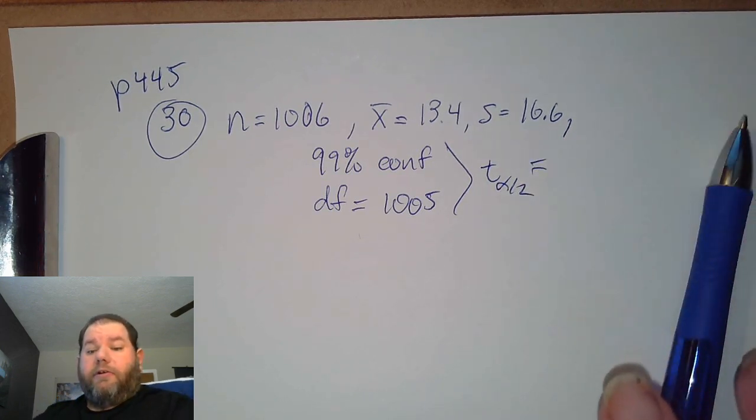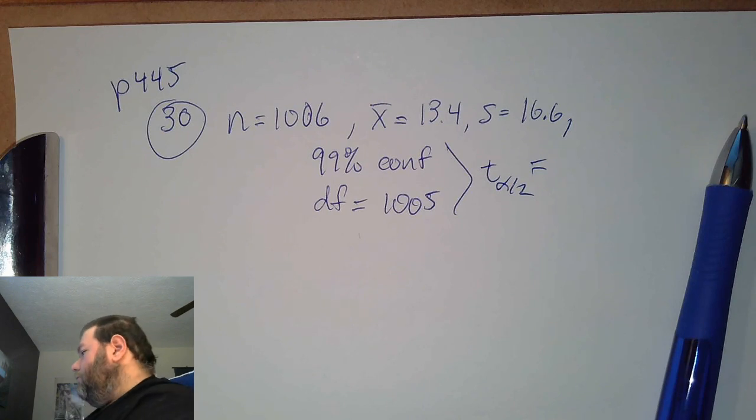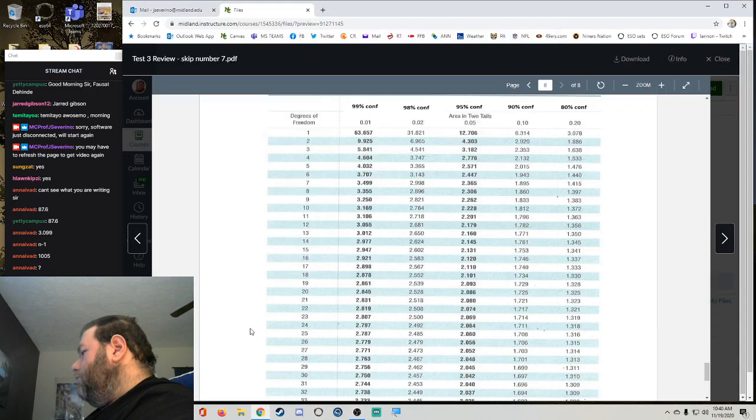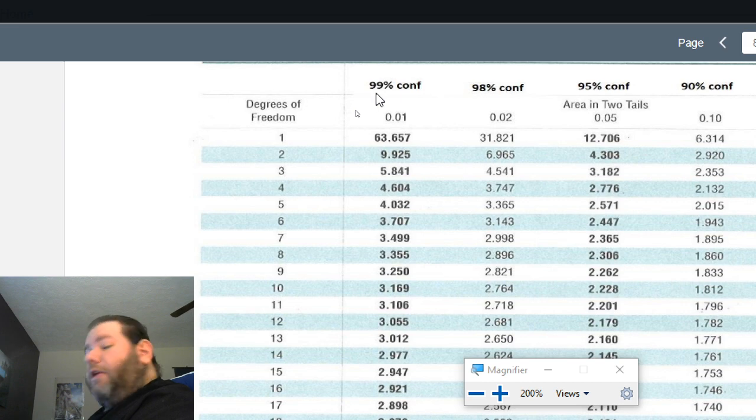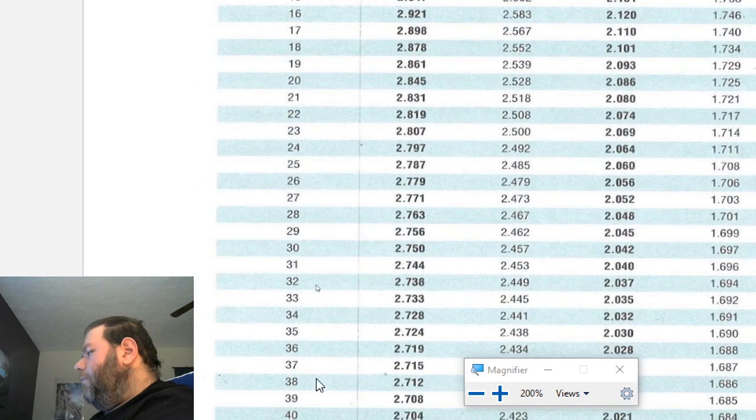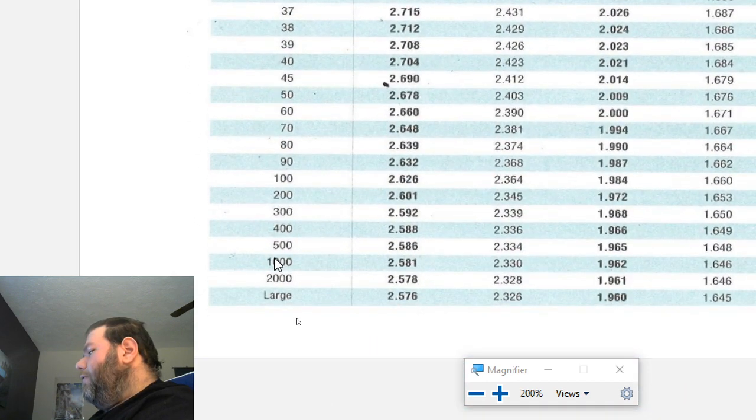But again, let's go to our table. Now, 99% confidence is right here, first column. So we go down to 1005 degrees of freedom. We get down here, we don't really have a 1005.